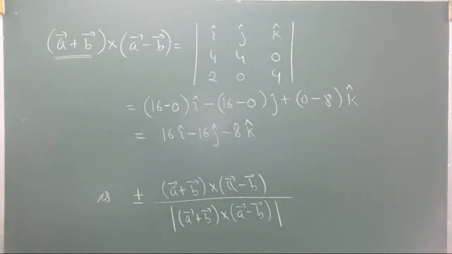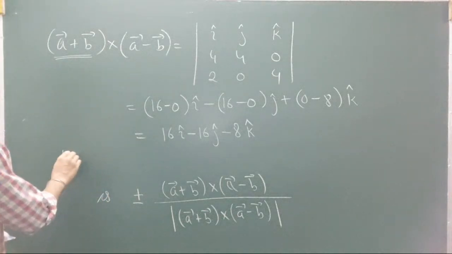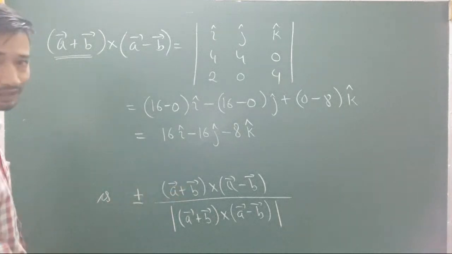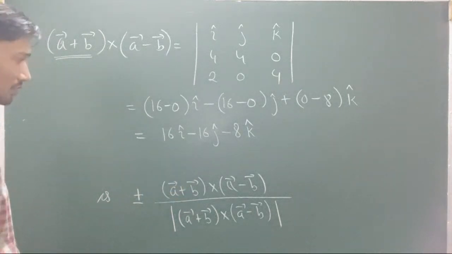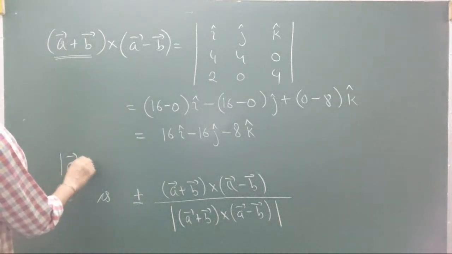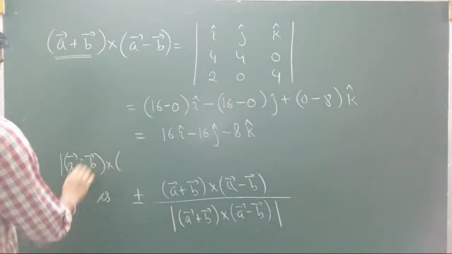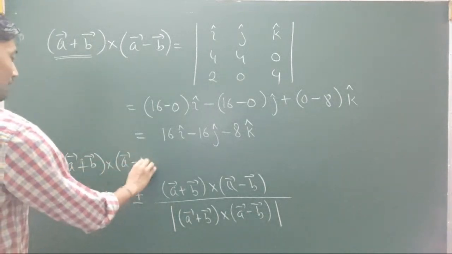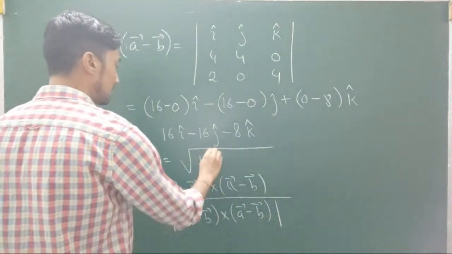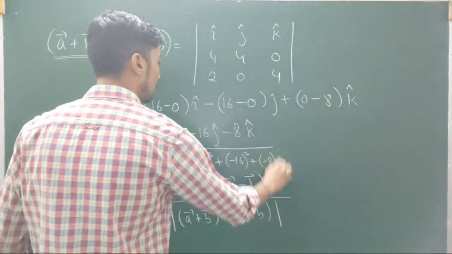Okay, let's find out its magnitude. We can calculate the magnitude directly also. A plus B cross A minus B, its magnitude will be the same, that is 16 squared plus minus 16 squared plus minus 8 squared.